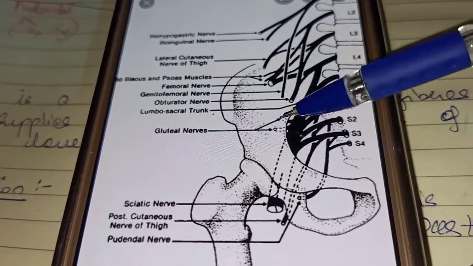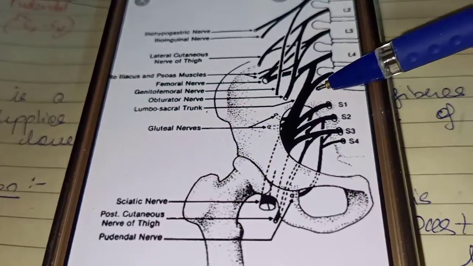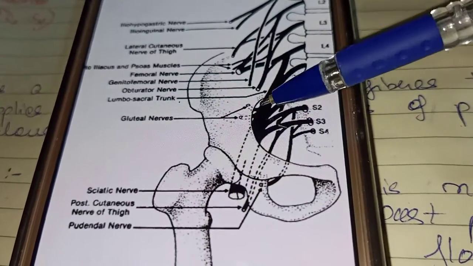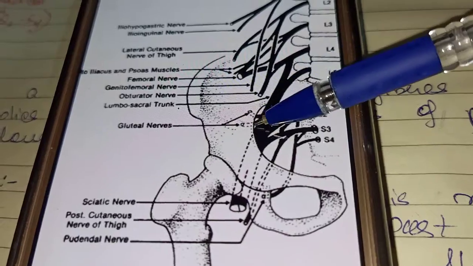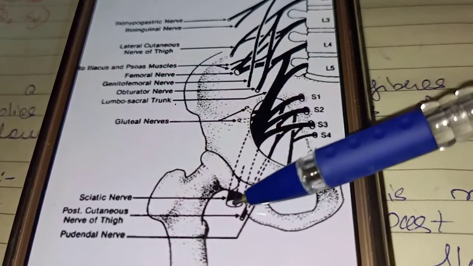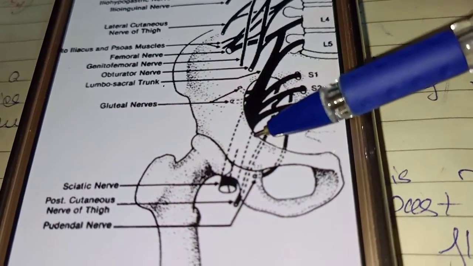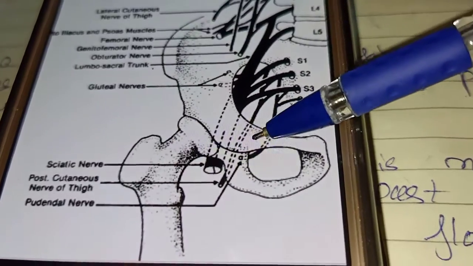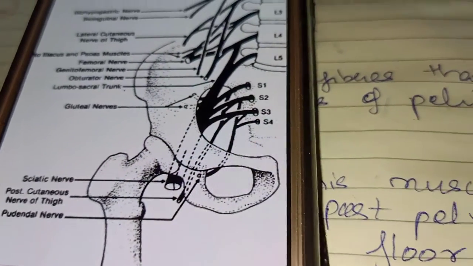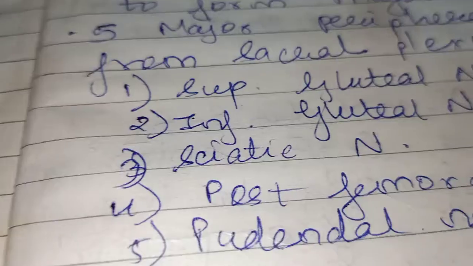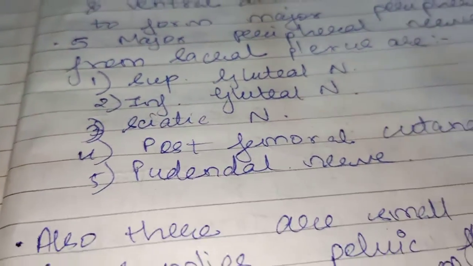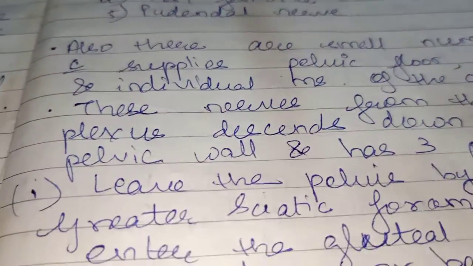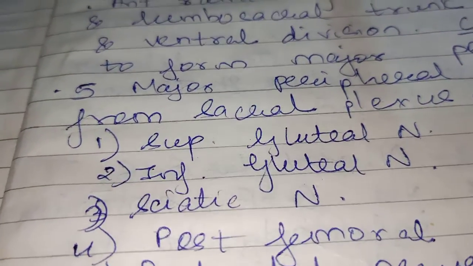Okay. So these are the main peripheral nerves of the sacral plexus. You can see superior gluteal nerve, inferior gluteal nerve, sciatic nerve, posterior cutaneous nerve of the thigh and the pudendal nerve. So this was the introductory part of the sacral plexus.